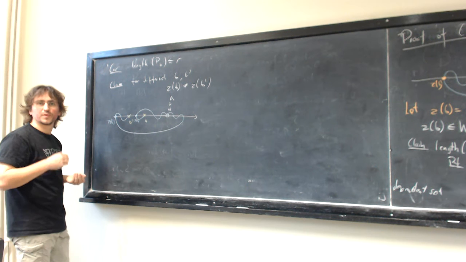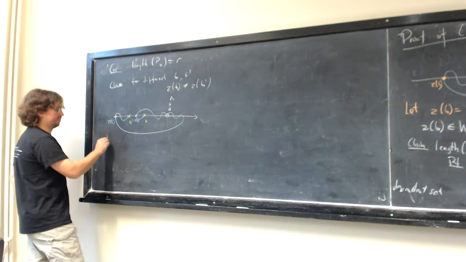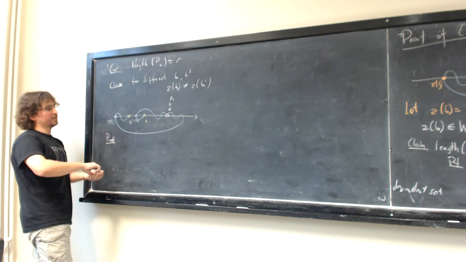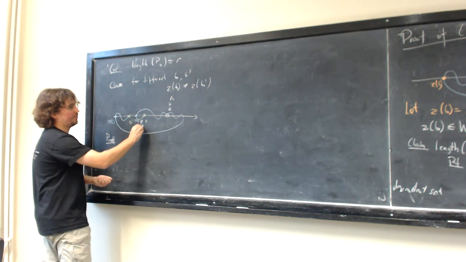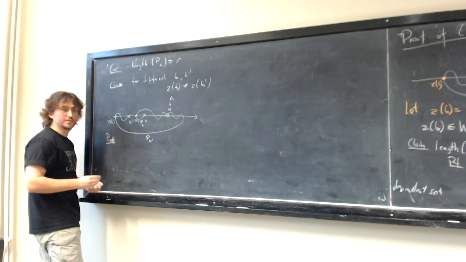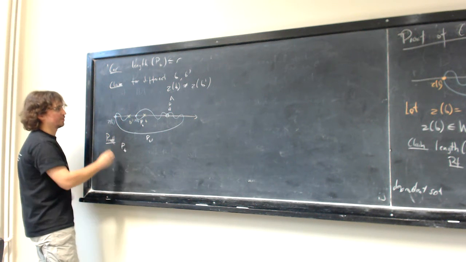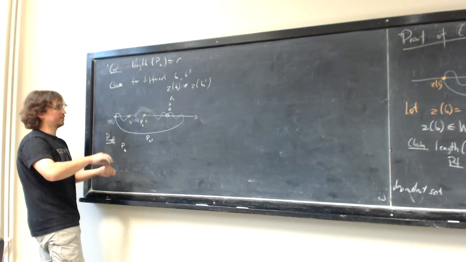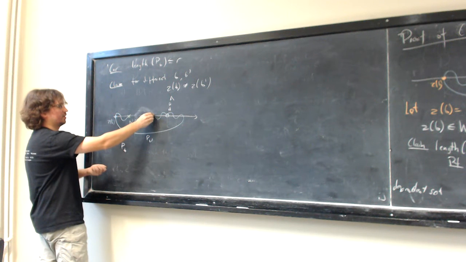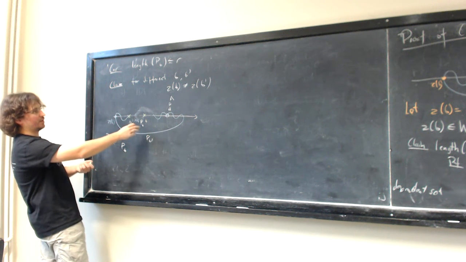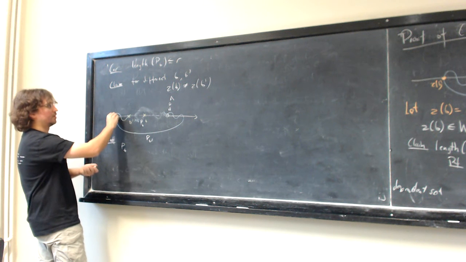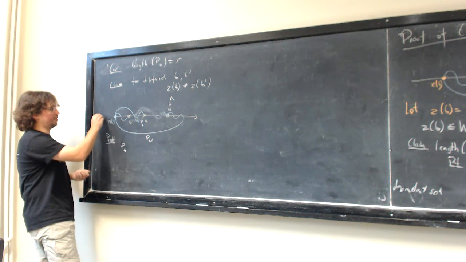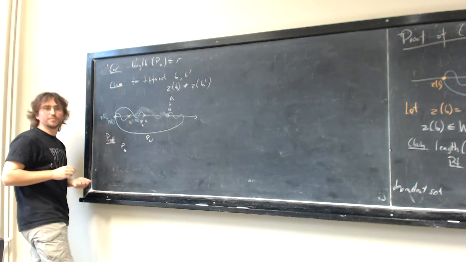And the argument is again the same. So here I've got my suffix PB, and here I've got my suffix PB prime. So suppose that they actually are the same for the sake of contradiction. So the situation looks more or less like this. There is one common Z of B equal to Z of B prime.